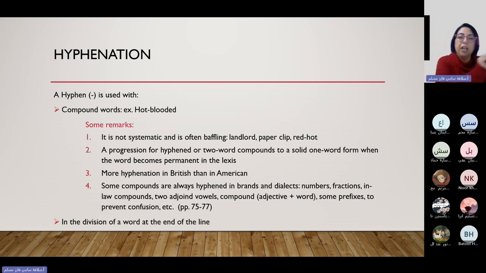We put a hyphen and we continue the word in the next line, okay? So these two are when we use a hyphenation, and that's it. We do not use hyphenation in anything else, okay?